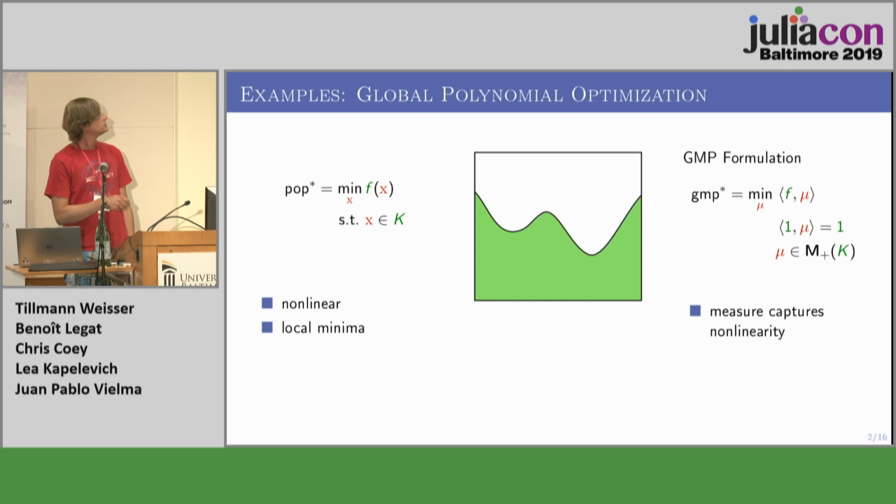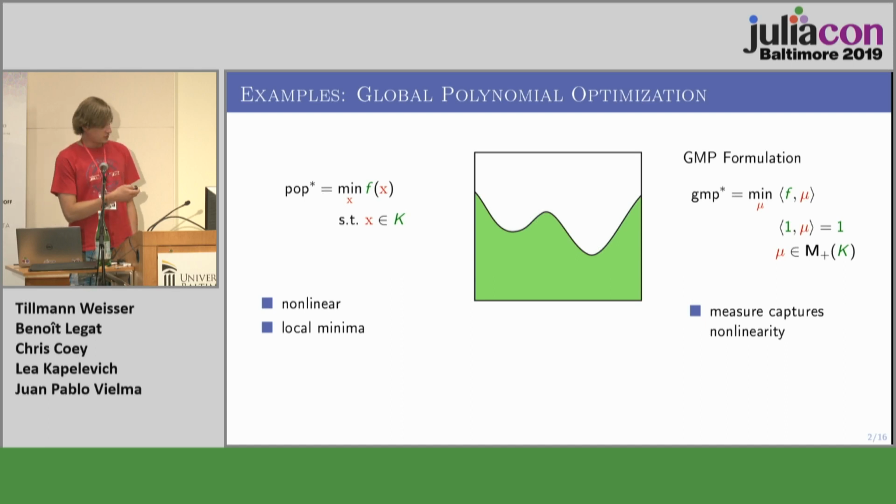So this you can reformulate as a generalized moment problem by replacing your variable x by a measure. So instead of evaluating f of x in some point x in K, you integrate with respect to some measure supported on K. The easiest thing is to integrate with respect to the Lebesgue measure, the dx you all know.